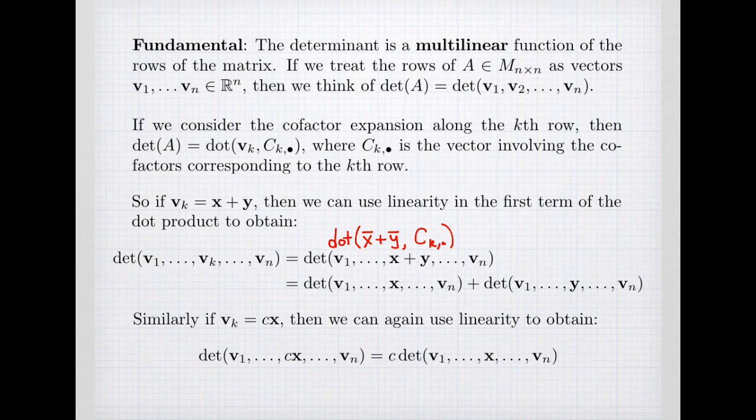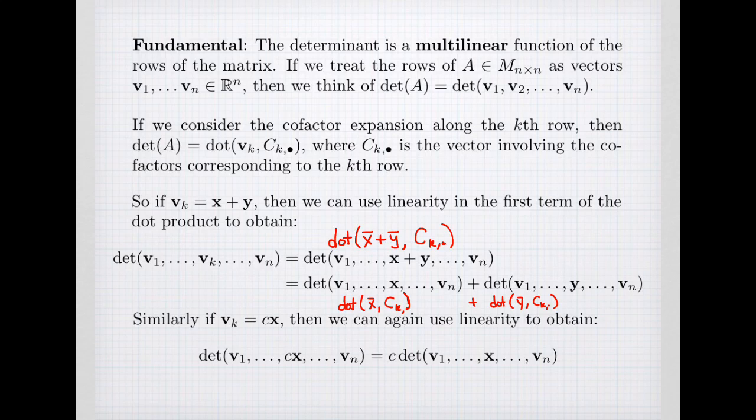So we recognize that the determinant is a dot product of the kth row with the kth row cofactors. And now I split this into 2 parts. I have a dot product of the x vector with the cofactors, and I get to add that to the dot product of the other vector y with the same cofactors. So I have linearity. I have the sum rule at least.